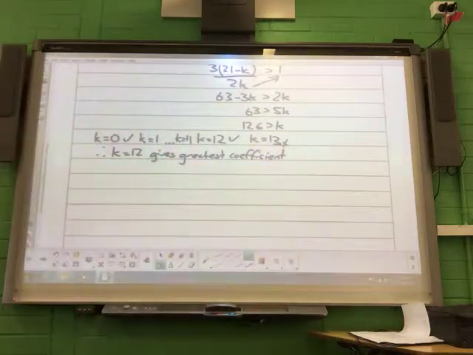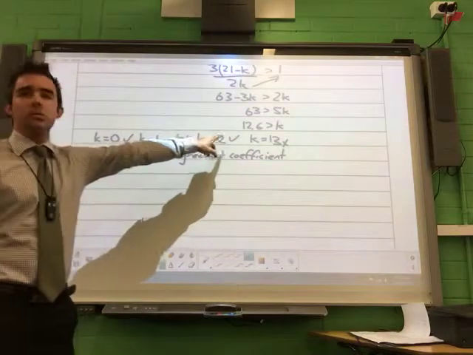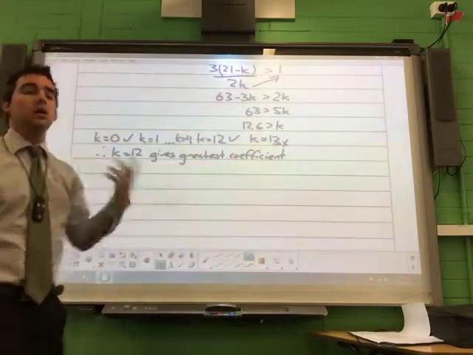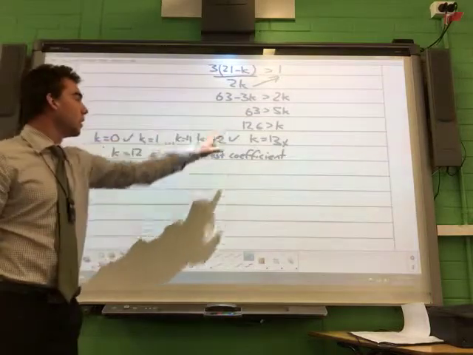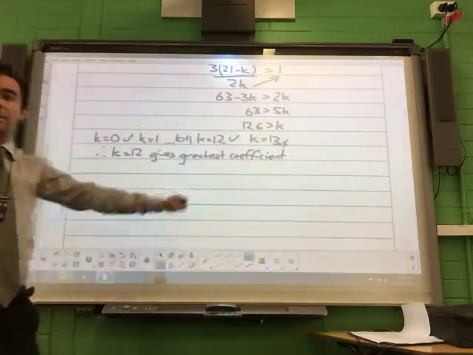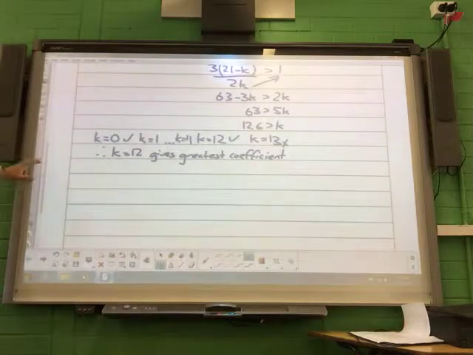Perhaps make a note of that, make it clear that this is the value you're going to consider, because I imagine this will be 2, maybe 3 marks: 1 mark to get the inequality, 2nd mark to get the value for k, and then 3rd mark to give me the coefficient.